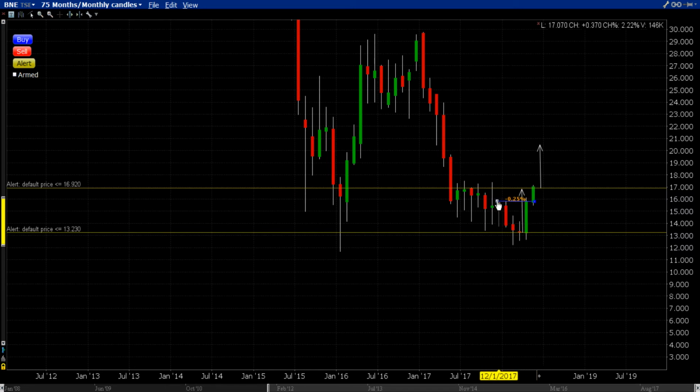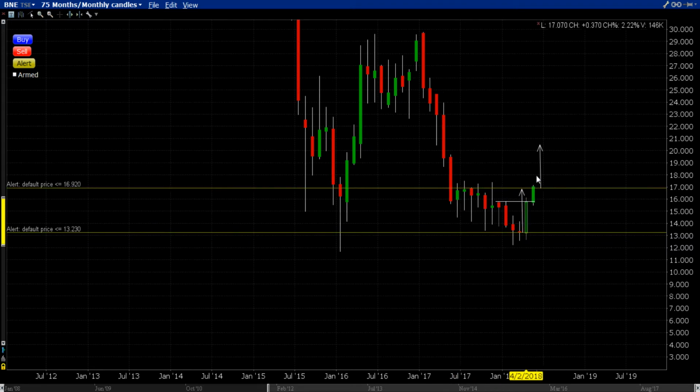Remember, patterns within patterns. 1, 2, 3, 4, 5 months here, and you could actually say it was a breakout on the 6 months that we're going through right now. A smaller pattern making a bigger pattern. 1, 2, 3, 4, 5, 6, 7, 8, 9, 10, 11, 12. I can count. So it's a 1 year base.